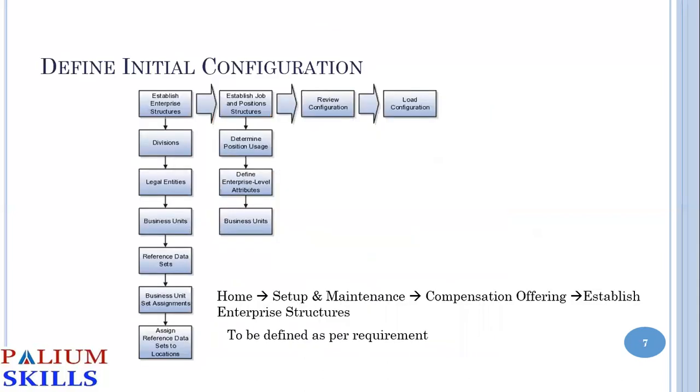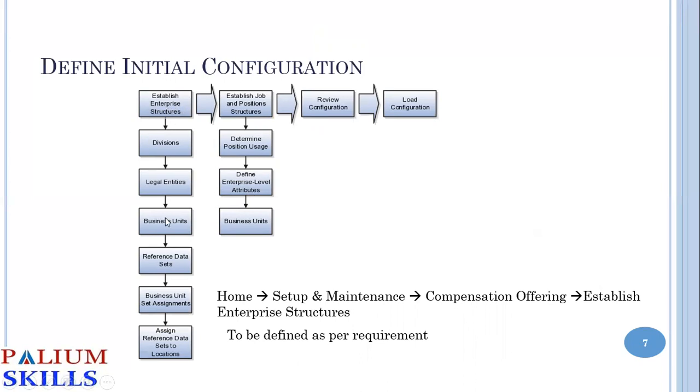Now, from an application perspective, what we discussed so far was outside the application. Within the application, there are specific screens where you go and do the initial configuration. It is called Establish Enterprise Structure.